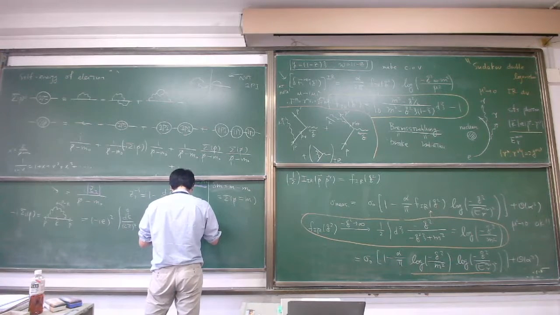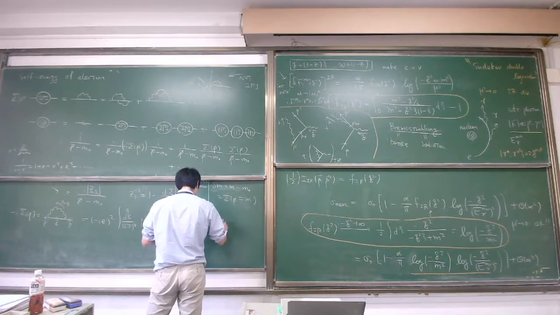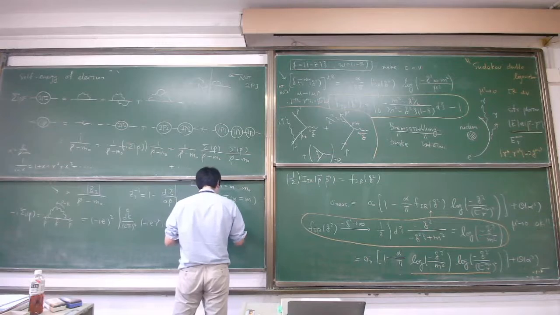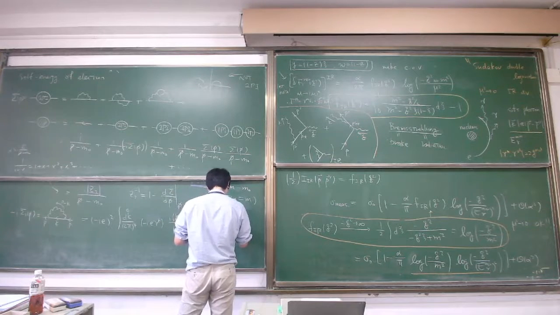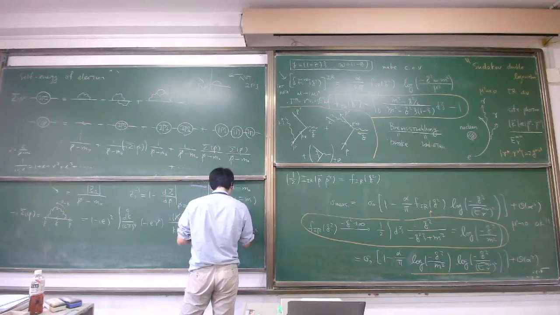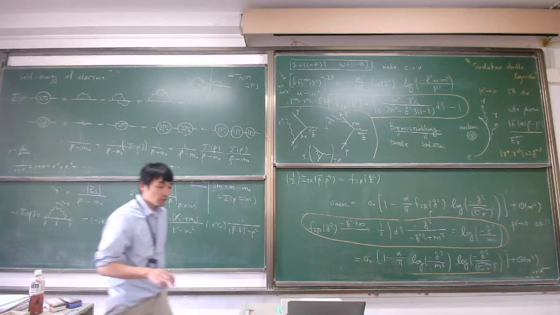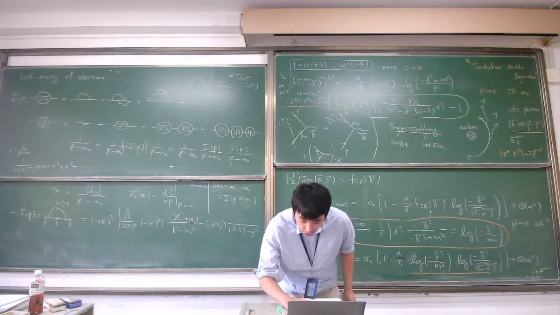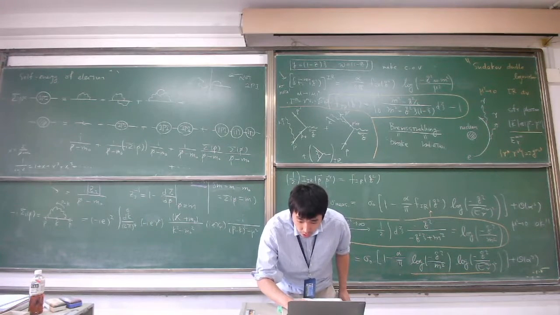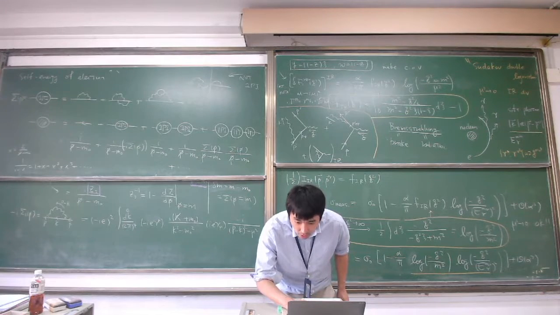So i e gamma mu, divided by (p minus k) squared minus mu squared, and so this is the propagator. I think in the lecture note I made a mistake, there's no slash. Let me check. Did I correct it? No. I'm very sorry, I made a huge mistake.